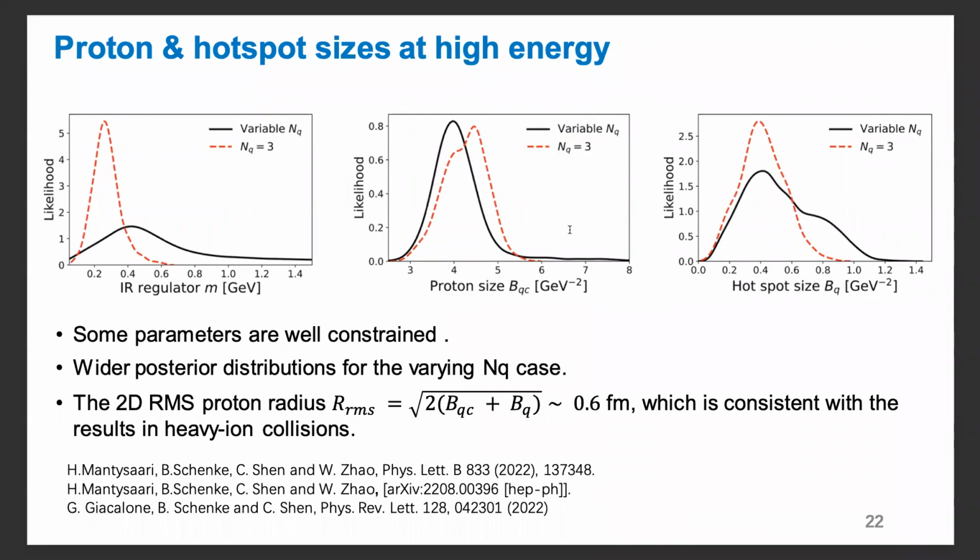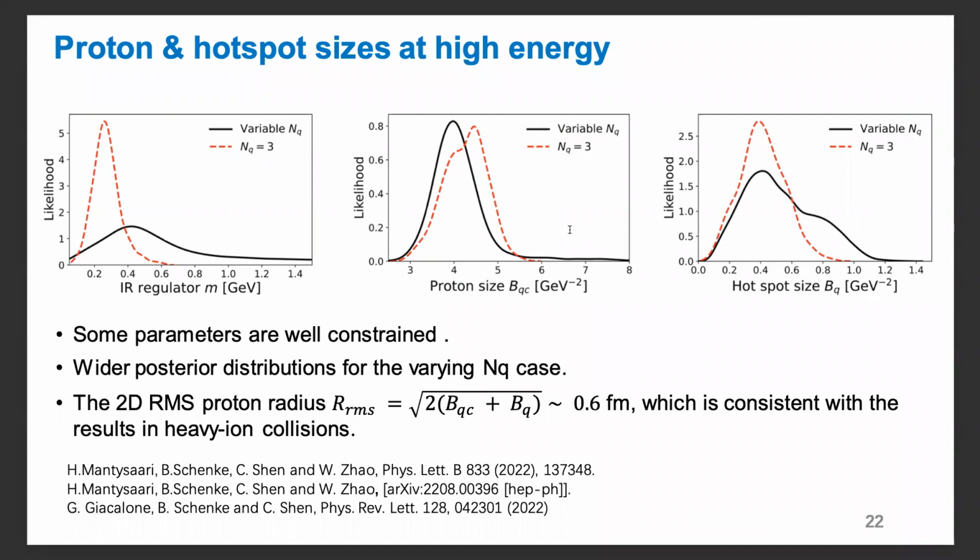We can see these three parameters are well constrained by fitting the HERA data. In more detail, if you compare the black and red lines, the black line has a wider likelihood distribution. This is because the variable NQ has more parameters, so it cannot be as well constrained as the fixed NQ case.